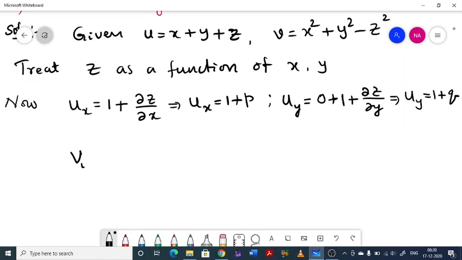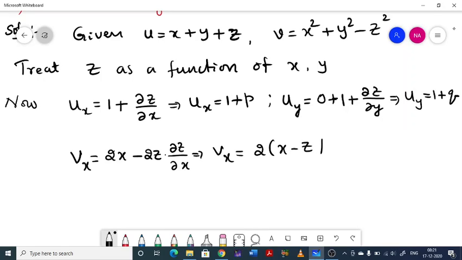Similarly vx first, differentiating v with respect to x partially, you get x square derivative is 2x minus 2z into dou z by dou x. That implies vx equal to 2 times of x minus zp.